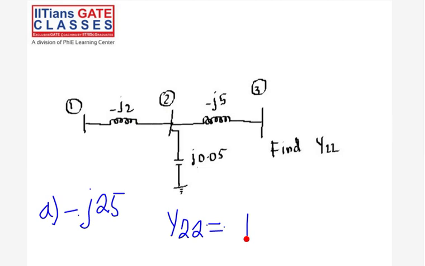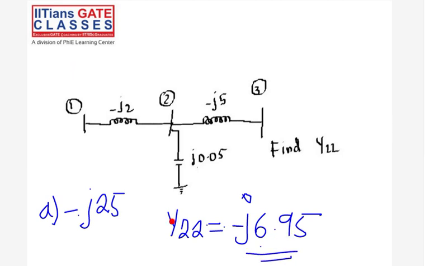So it will be minus J6.95. Do you get this answer? It is actually minus J6.95.